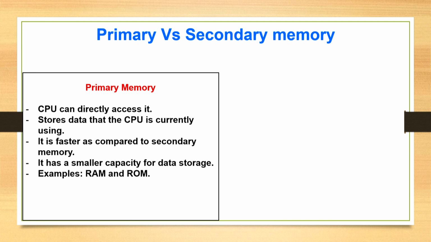It is faster as compared to the secondary memory. It has a smaller capacity for data storage as compared to the secondary memory. Examples of the primary memory are read-only memory, that we call ROM, and random access memory, that we call RAM.